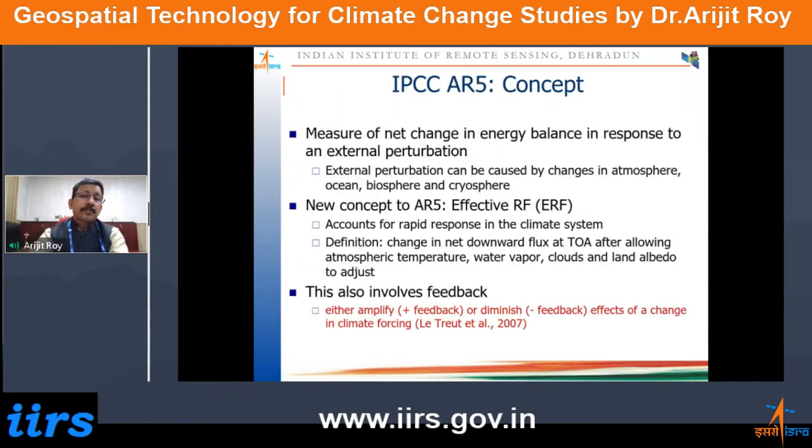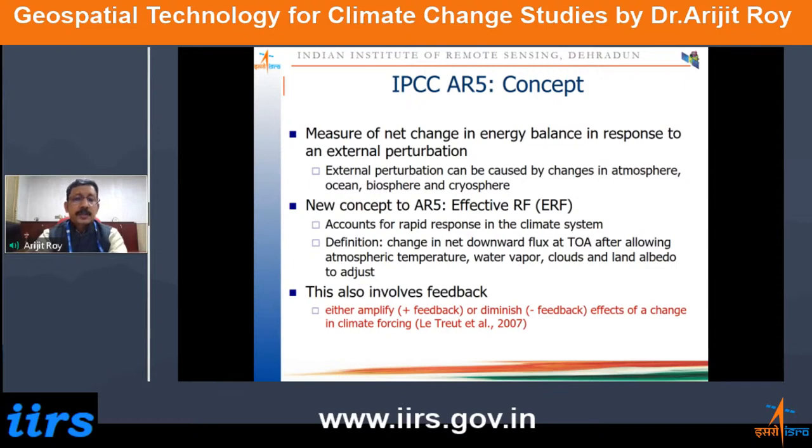And in the assessment report 5 of IPCC, the reason of these changes in the various pollutants in the atmosphere, because of which the global warming is taking place, has been somehow quantified.